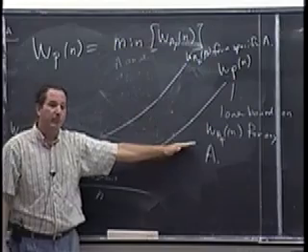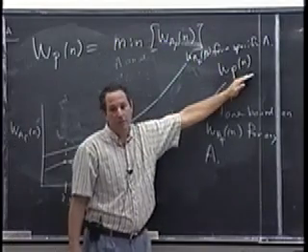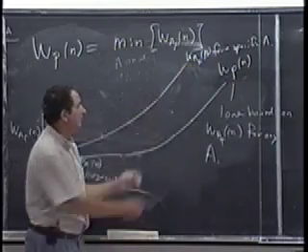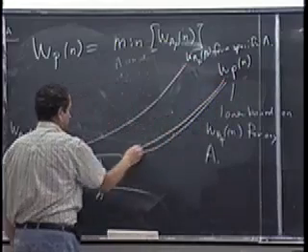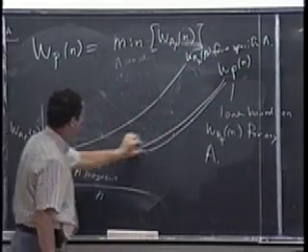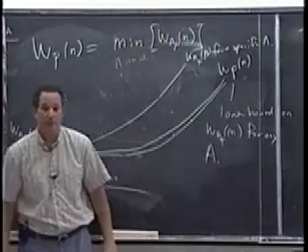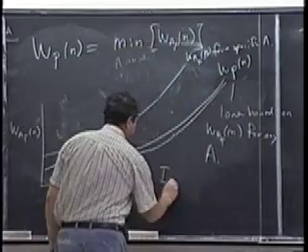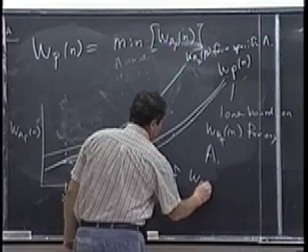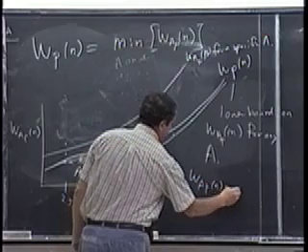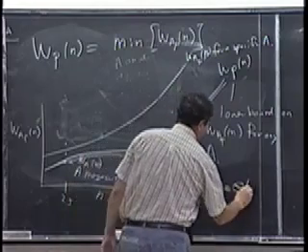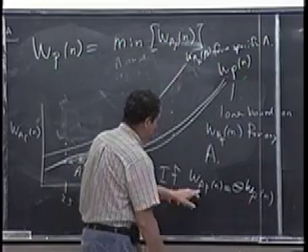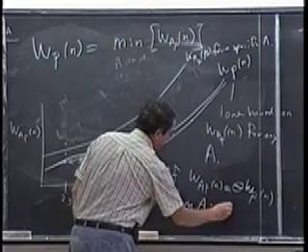And moreover, if we have such a lower bound, and then we have in our hand a particular algorithm whose function is fairly close to this thing, then we're able to say that our algorithm is fairly good, and we can be more precise than that. If, in fact, W_A(n) is omega of W_P(n), then we declare A is optimal.